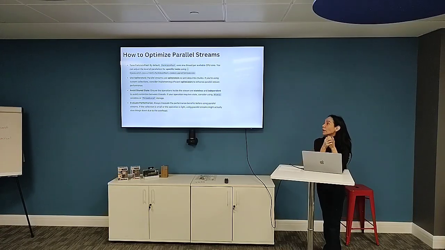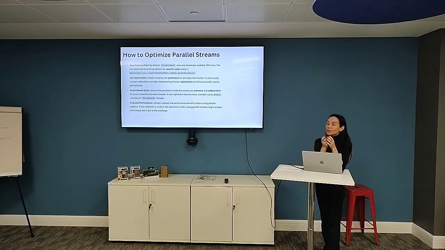Also, as I mentioned, there is a splitter, which by default splits your data set into chunks, but you can customize it using your own splitter. Also, avoid shared state and evaluate performance before using it.